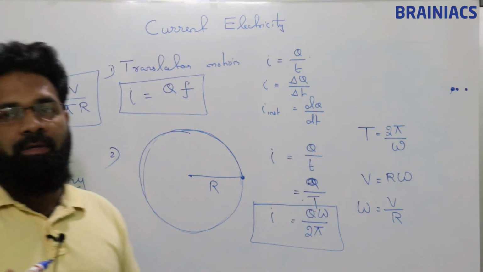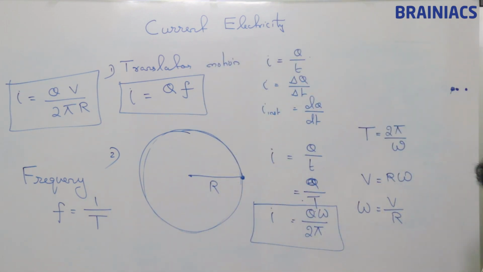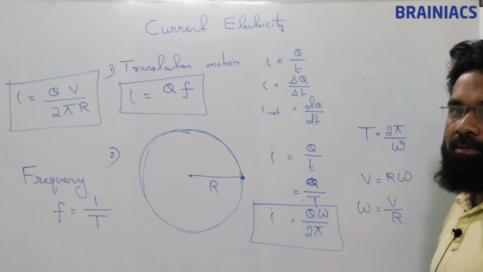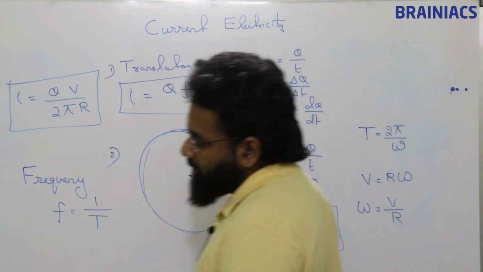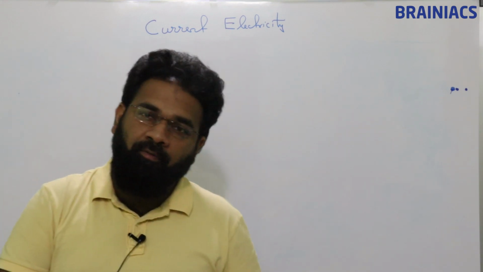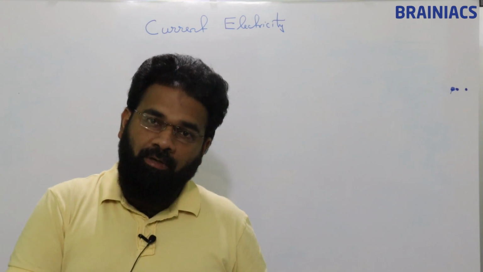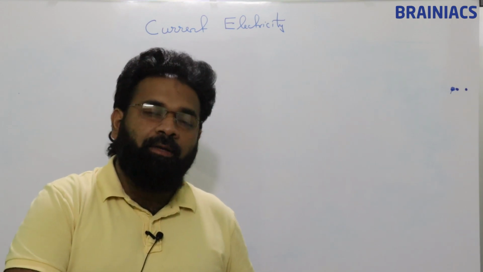This is for a charge making circular motion. So make note of this, pause the screen and please note it down. So using translatory motion of a charge, and rotational or circular motion of a charge, we find this.